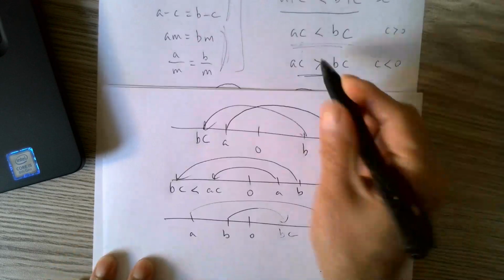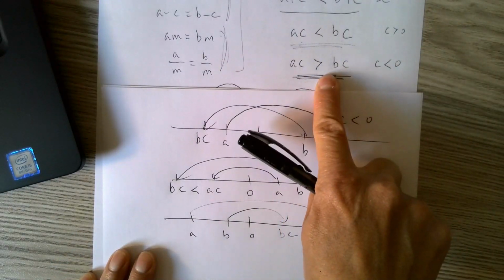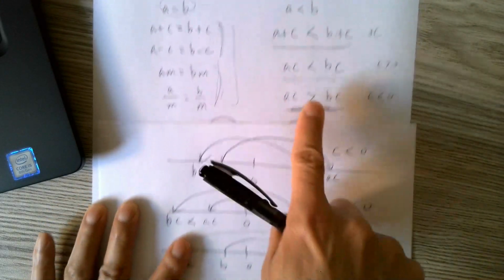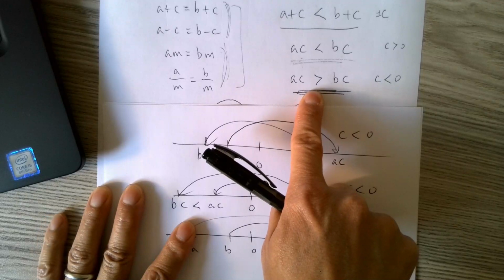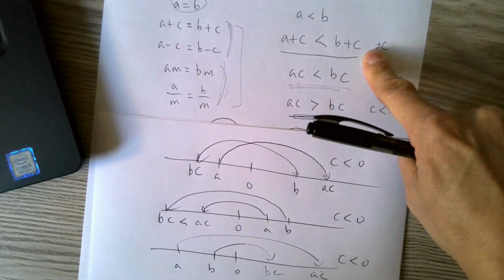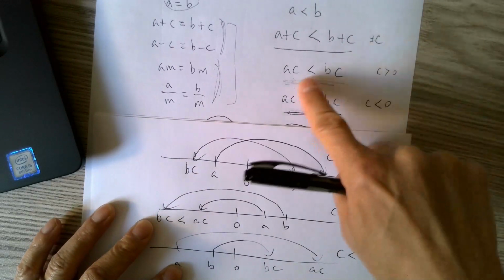Same thing. So in all three scenarios, when you multiply both sides by a negative number, the inequality turned around. In all the other cases, multiplied by a positive number, it stays the same.